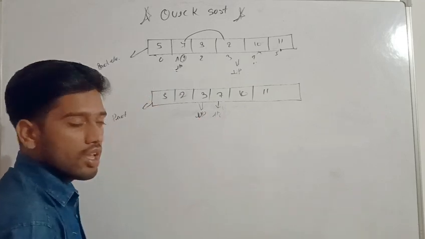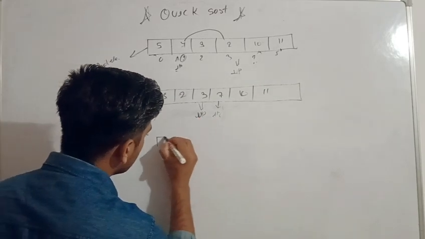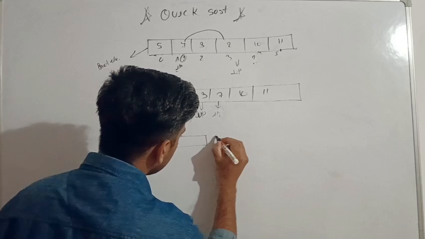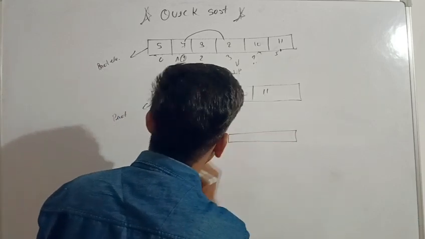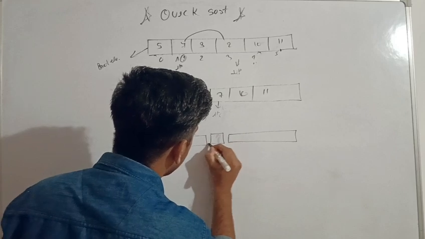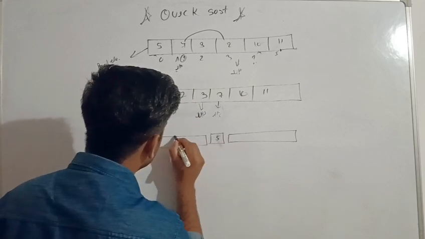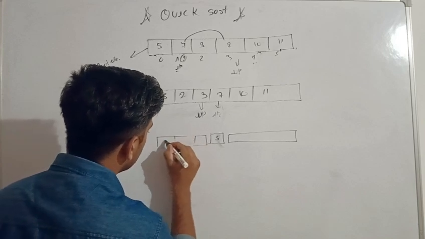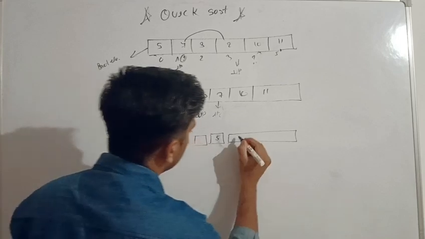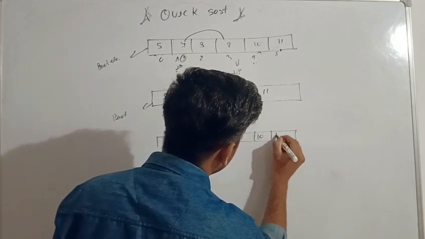Okay, now at this time it is divided into two halves, and 5 will be swapped with the 3, and this will be 2 and 3. Sorry, it should be 3 and 2, and this is the 7, 10 and 11.